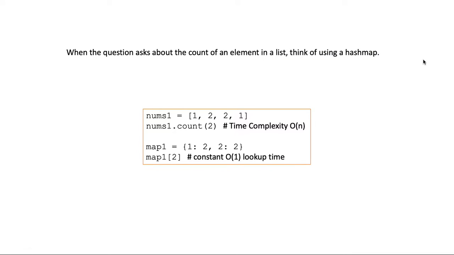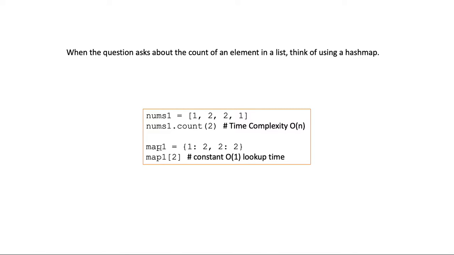Well, in general, if the question asks about the count of an element in a list, think of using a hash map. For example, for a nums array such as 1, 2, 2, 1, to count the number of occurrences of, for example, element 2, if you use the count method on the list, you have a time complexity of O(n) in general.